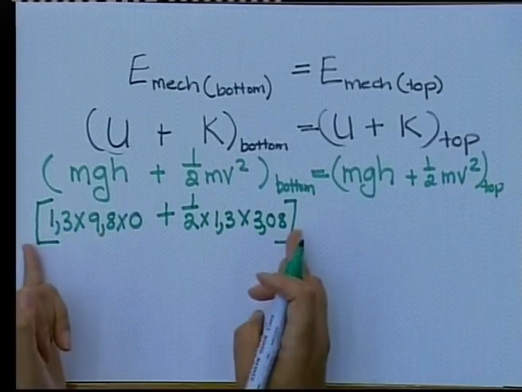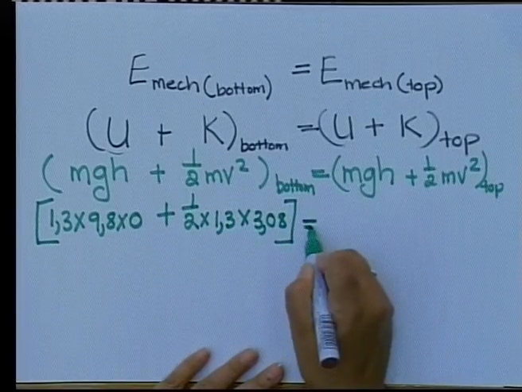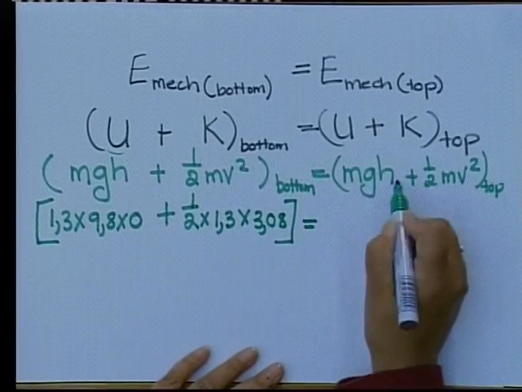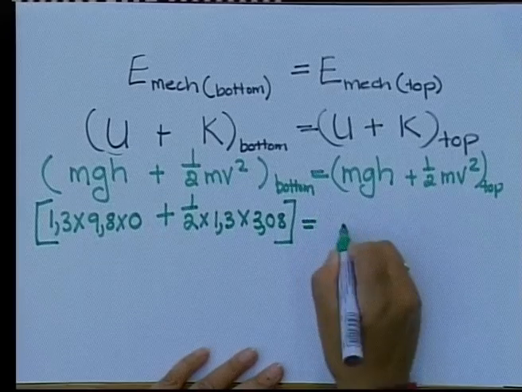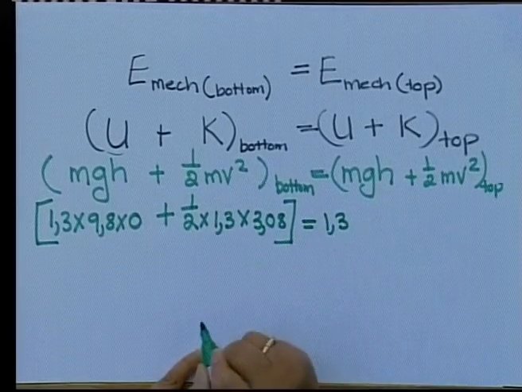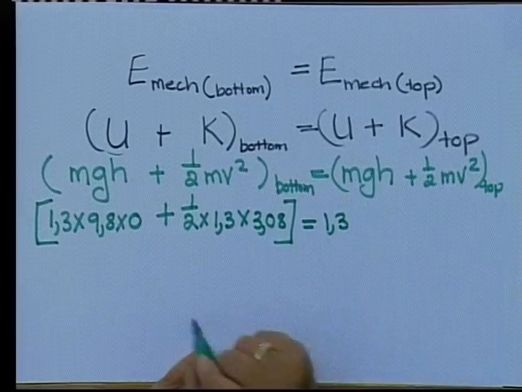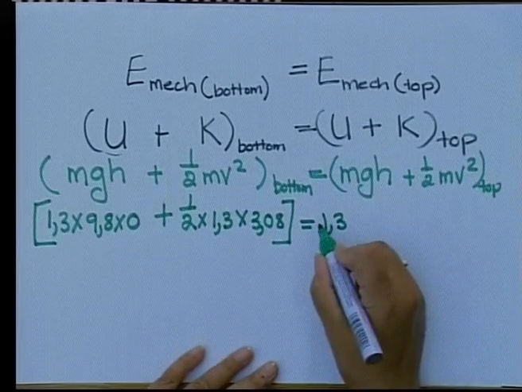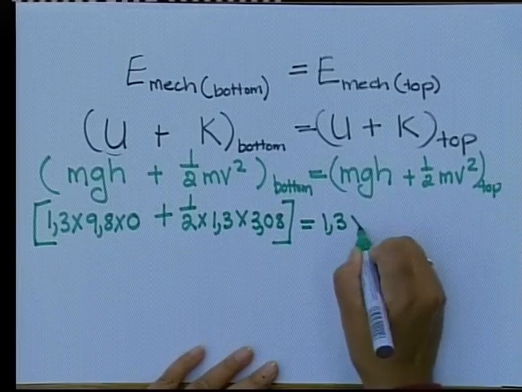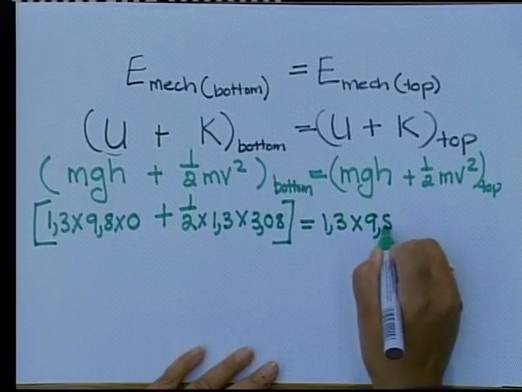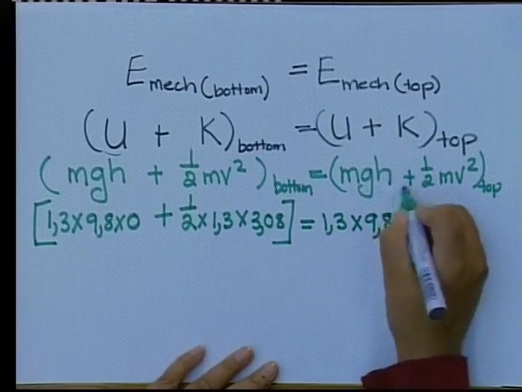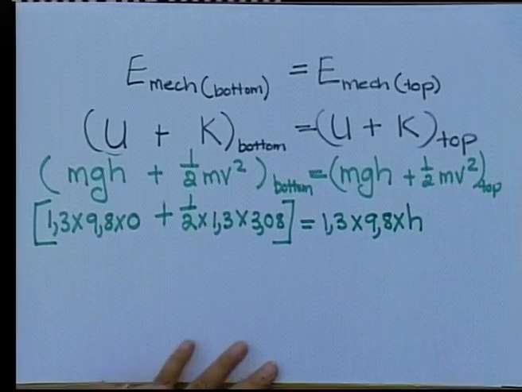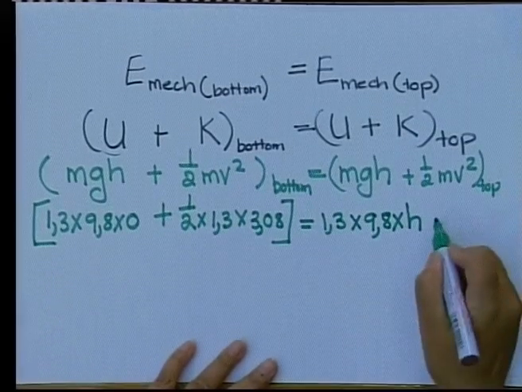That mechanical energy at the bottom is equal to the mechanical energy at the top. The mass of the arrow and the object is 1,3. G is a constant, 9,8. And it's the height that we need to calculate, so multiply by h.